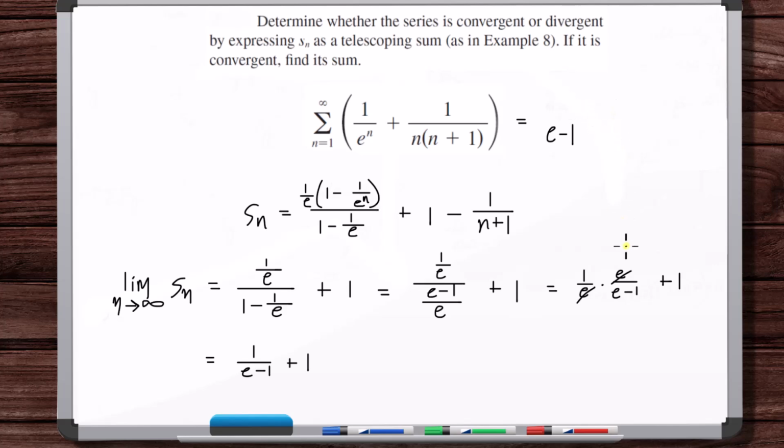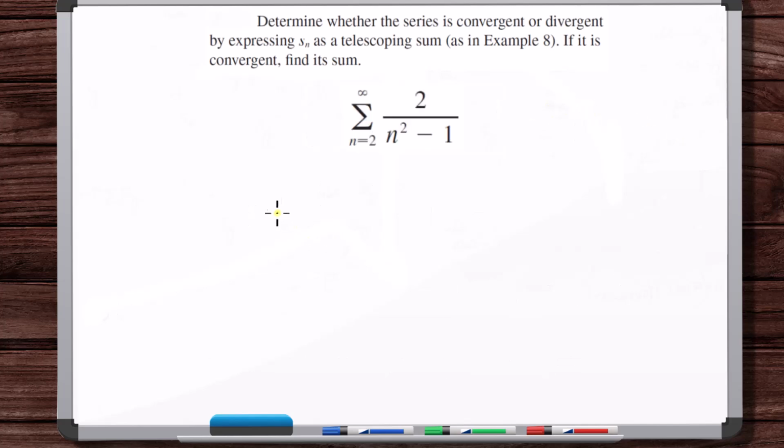And actually we can simplify this, make it a little bit cleaner. So this is 1 minus 1, yeah, e, there we go. Okay, same idea. Let's separate this into the sum of two terms. So we factor the denominator.